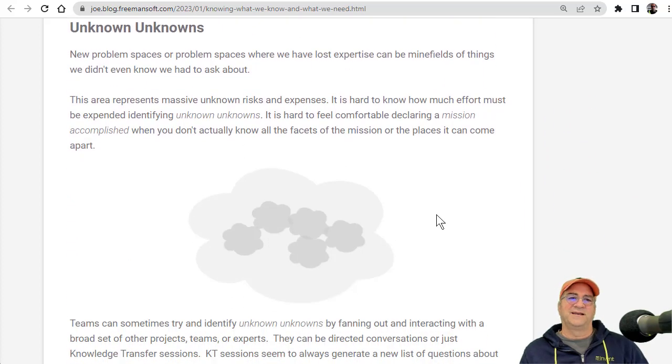The next one is the unknown unknowns, and that is just, man, we didn't realize when we got there that the transportation system doesn't work at all, that there's actually no road, that there's been a washout that destroyed every avenue in there. We didn't realize we couldn't get enough fuel there for rescue helicopters, whatever it might be, right? It's the unknown unknowns.